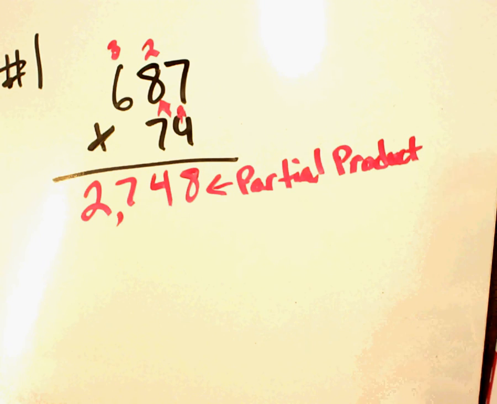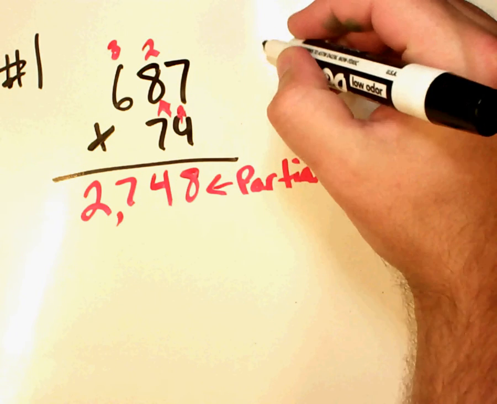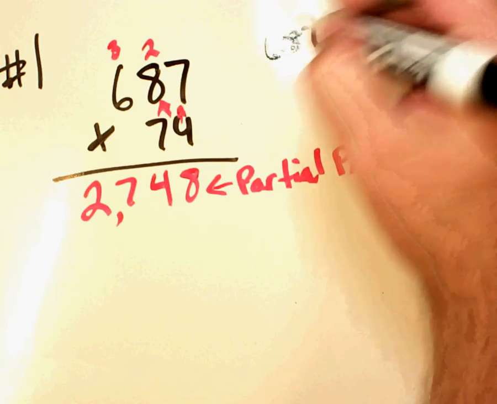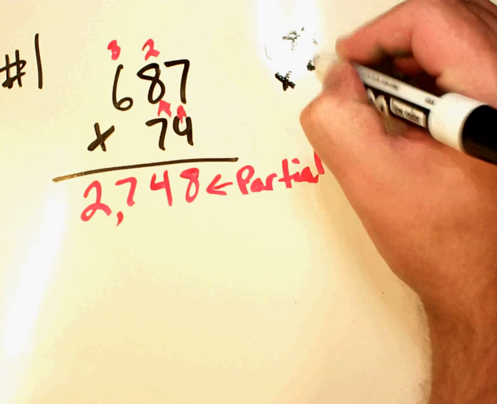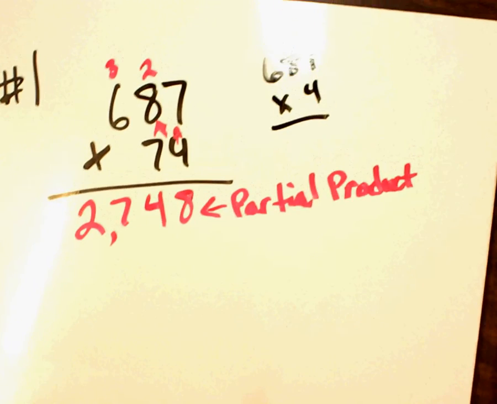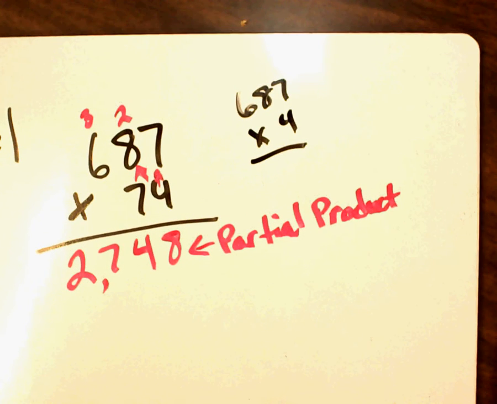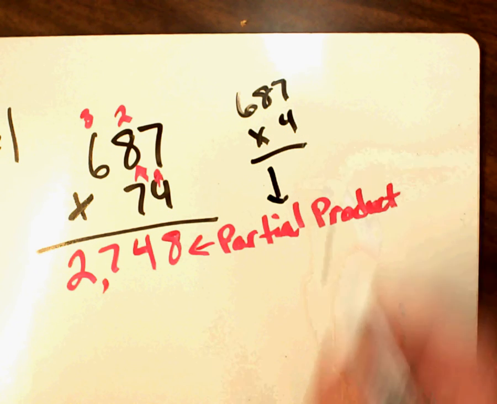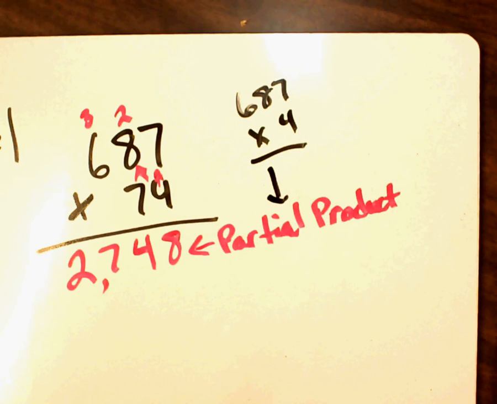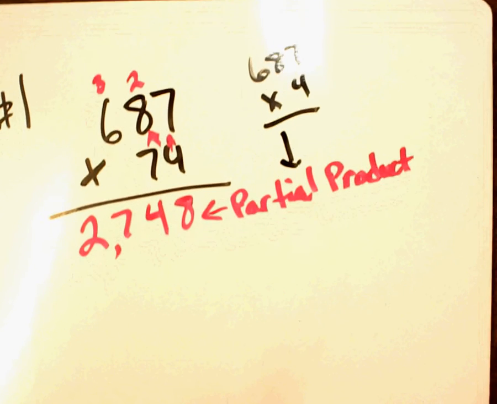Now if I were to multiply 687 times 4, which with the glare on it you can't really see, but if I was to multiply 687 by 4, that is what I would get. I would get this partial product. Alright. Okay.